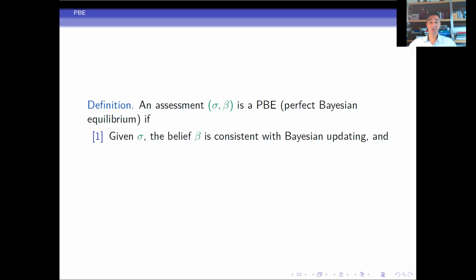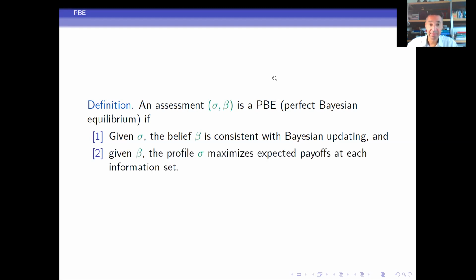The first one is this one over here. Given the strategy, the belief has to be consistent with Bayesian updating, meaning that the belief is formed by simply using Bayes' rule. We'll see how that works in further examples.